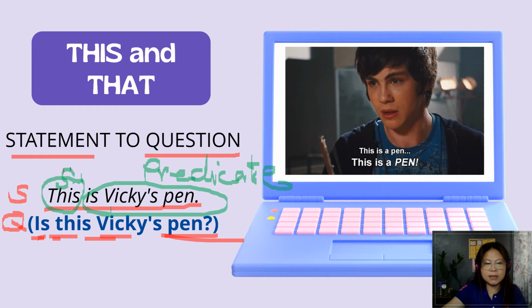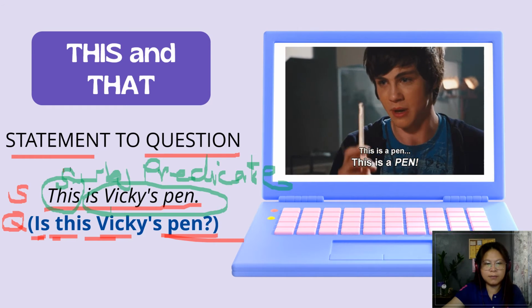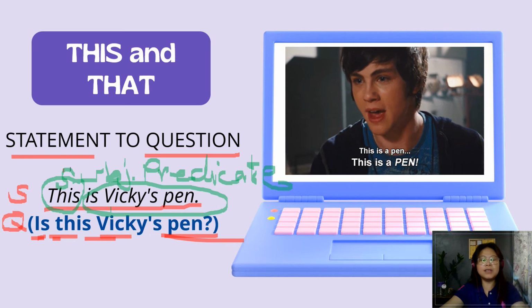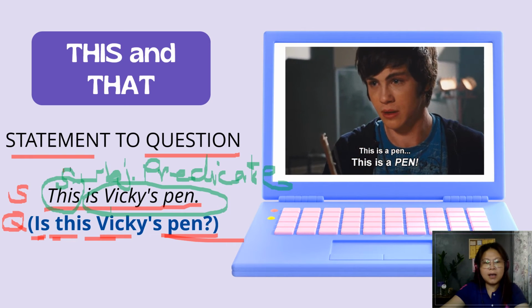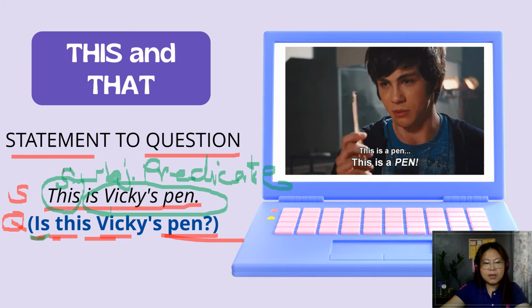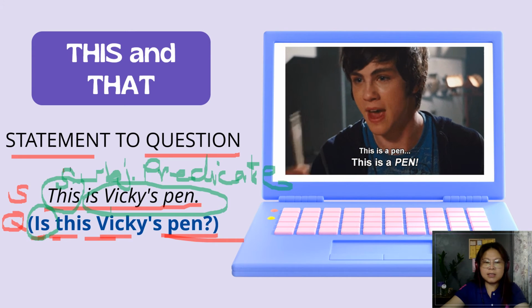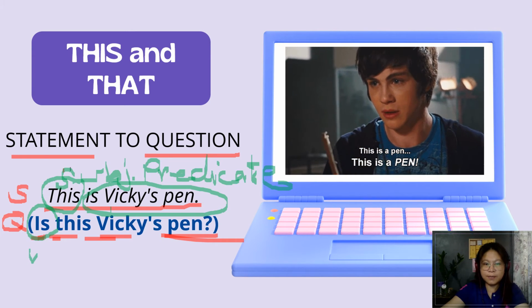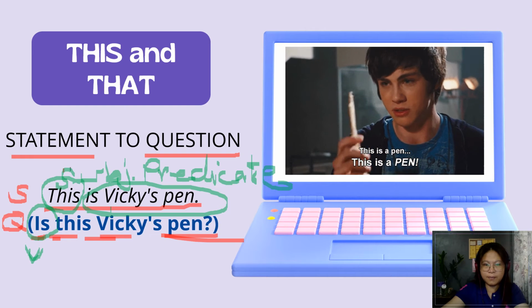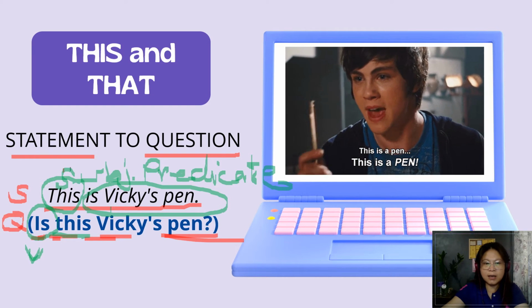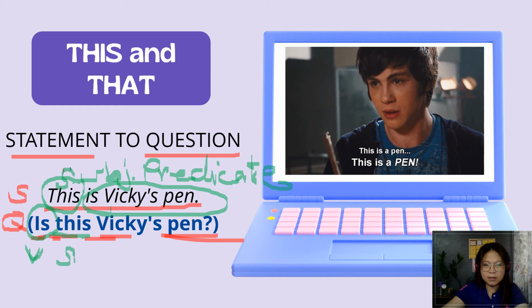So this is Vicky's pen. Is is the verb, the linking verb. This is the subject.